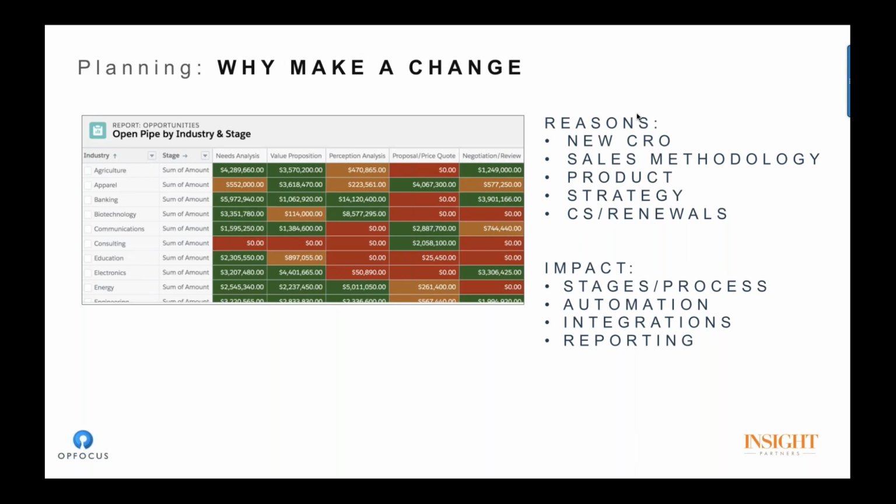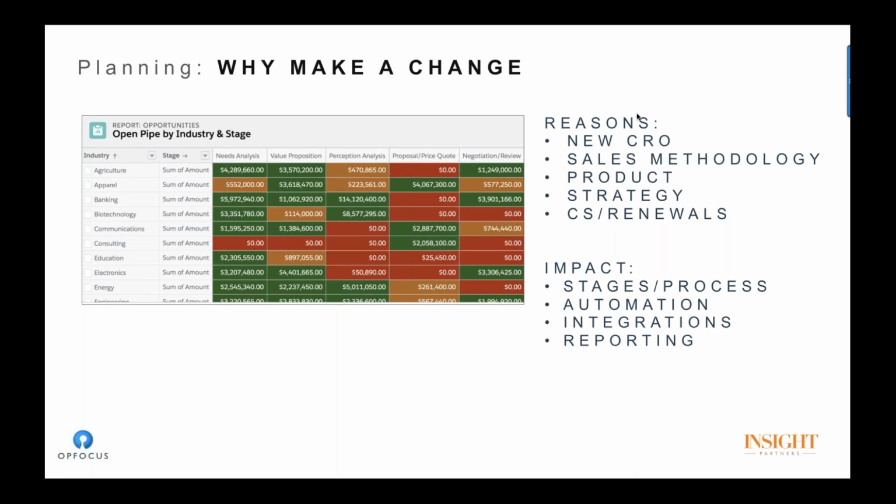Some of the impact of making these changes, certainly to stages and to overall process, but also other things to keep in mind are automation. So you may already have workflow rules, process builder processes, approval processes. You might have Apex code that's triggered based on stage changes. And you want to think about those things prior to swapping out stages.